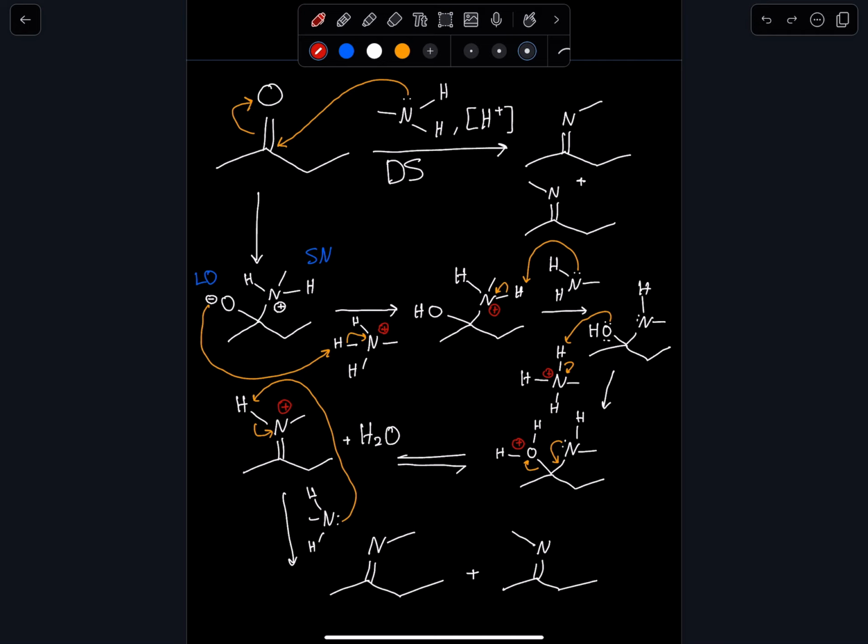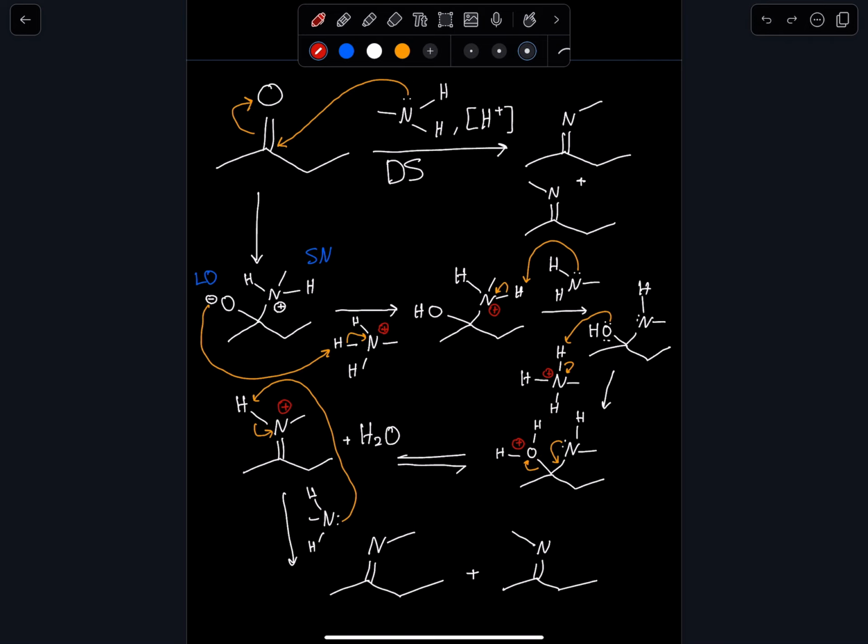You can just attack it straight, and then once you form this intermediate, you need to deprotonate the nitrogen and protonate the oxygen twice, so that when you want to keep the nitrogen double bonded to this carbon and to have the oxygen leave, you can have a neutral nitrogen which can have lone pairs that can attack the carbon, and then you want your oxygen to have protons so that it can leave easily as a water molecule.